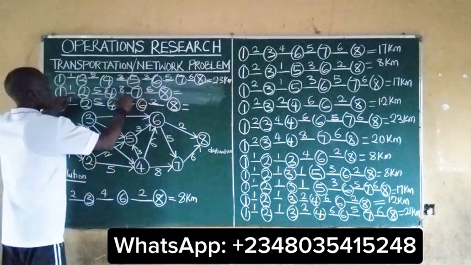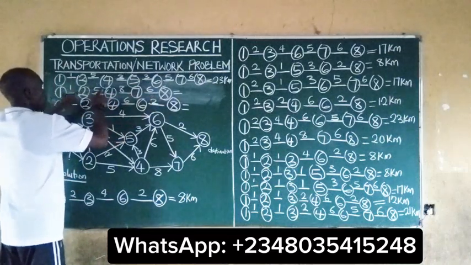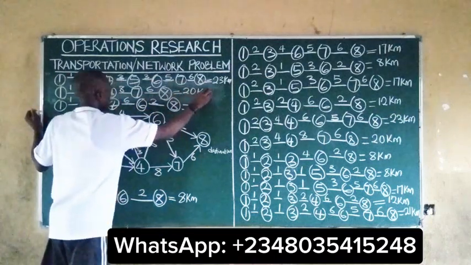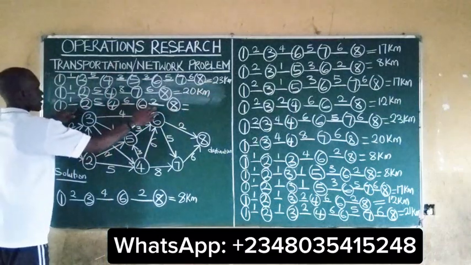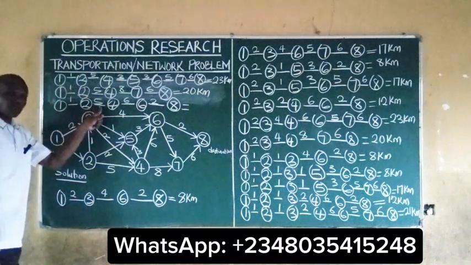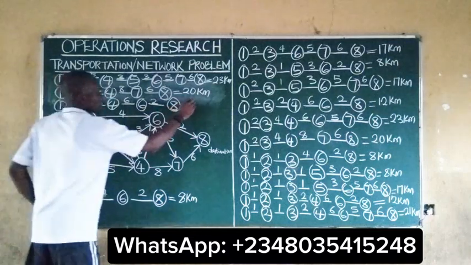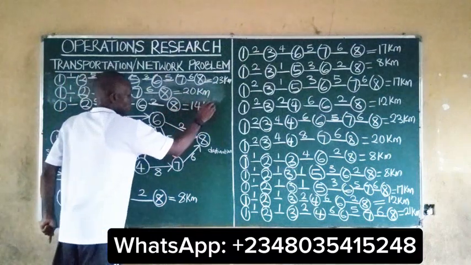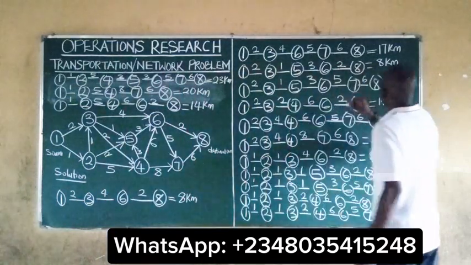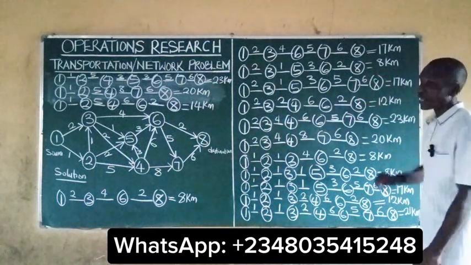Here we have 8 plus 6 to give us 14. 14 plus 5, 19 plus 1, 20 kilometers. Here we have 8. 8 plus 1 is 9. 9 plus 5 is 14. 14 kilometers. So our shortest path will now be the route with the minimum or the less kilometer.